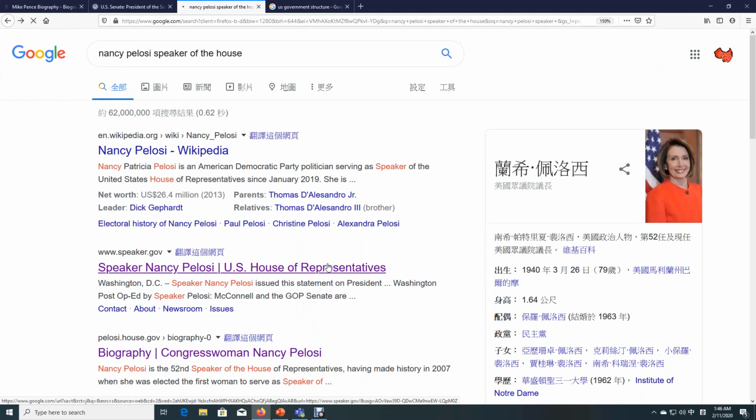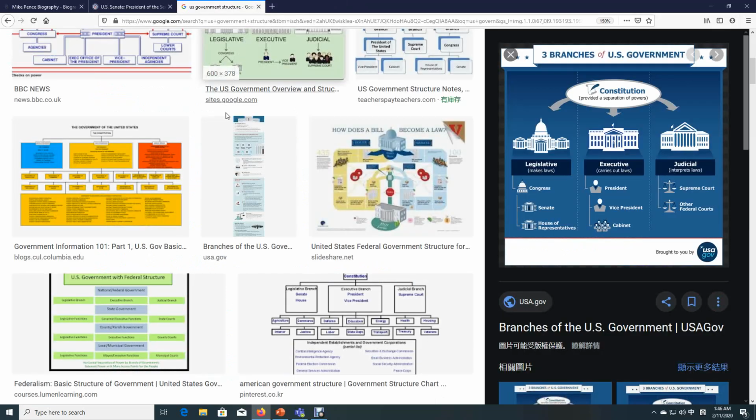Speaker Nancy Pelosi, U.S. House of Representatives. Actually, she was the Speaker of the House of Representatives, meaning that she presides over the meeting of the House of Representatives.